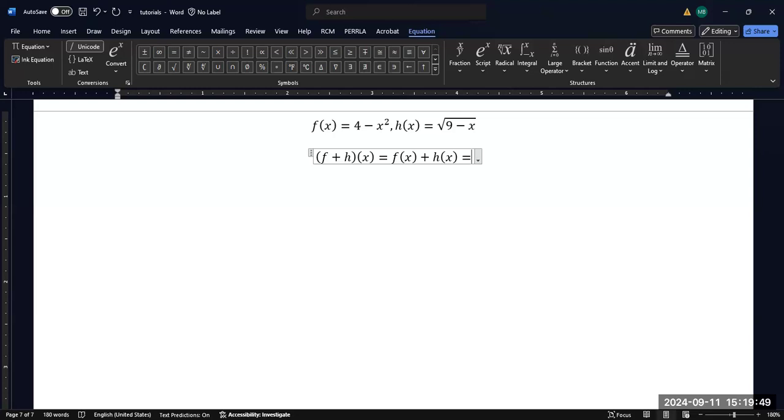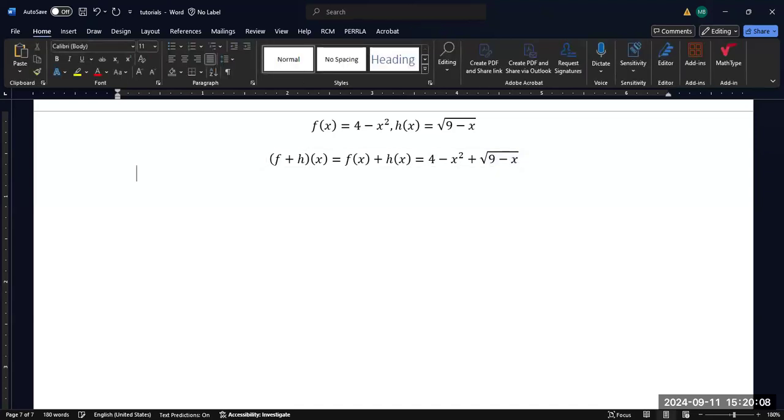The x is not multiplying, it is part of the function notation. It's just saying what variable the function is written in terms of. So this sum would be 4 minus x squared plus the square root of 9 minus x. And that's it.